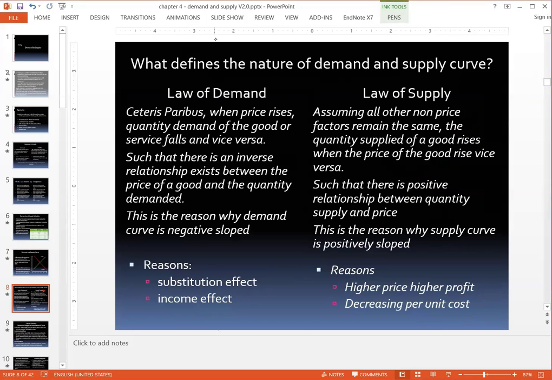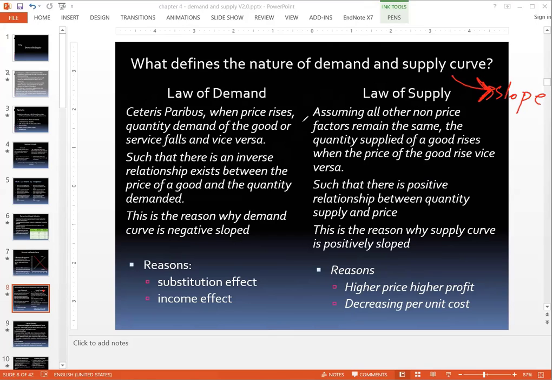Okay, so the reason behind the slope of the graphs is the law of demand and the law of supply. What defines the nature of the demand and supply curves? It is talking about what determines the slope of these two graphs, which is the law of demand and the law of supply.